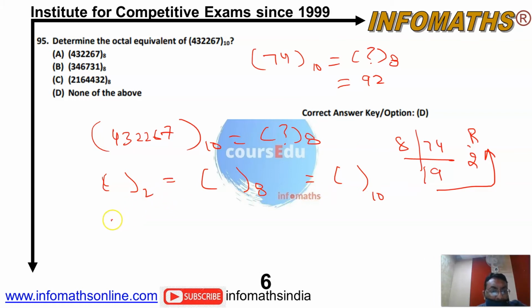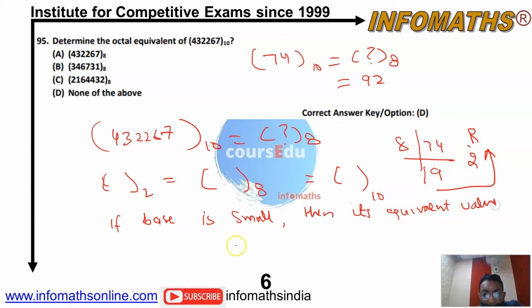If the base of the number system is small, then its equivalent value will be larger.